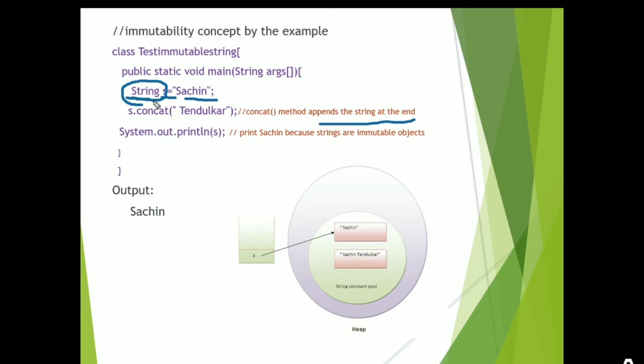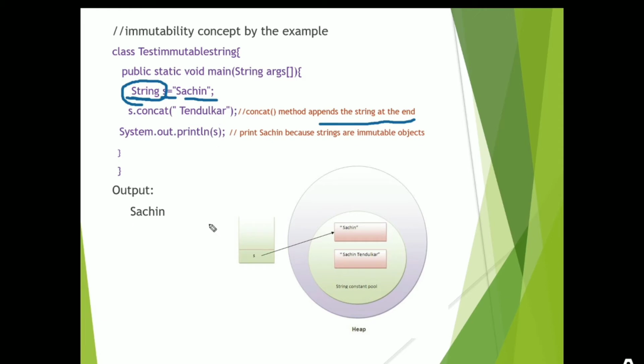Once the object is created, the data within it cannot be changed. Immutable strings can be created. So Sachin Tendulkar is a new result, but s holds only Sachin as its text, as when we created the object we assigned only Sachin as its string. So when we print s after concatenation, it only holds the text as it was when created.